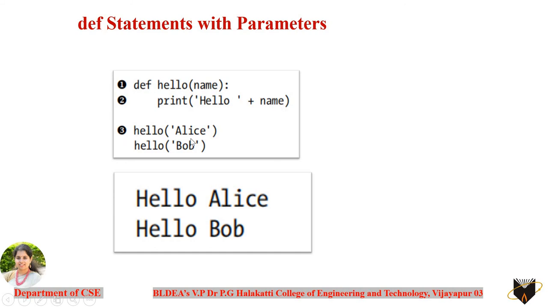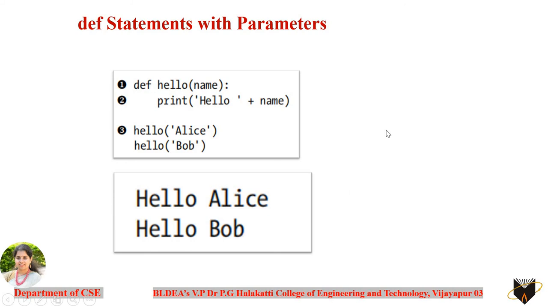So when you call this function with the argument, this argument is going to be passed to the name of the variable that you have taken within the parameter. In the same way in the second example, when you call hello with Bob as an argument, this Bob value will be filled into the variable name, and fetched here to print it. As a result it is going to print hello Alice and hello Bob.